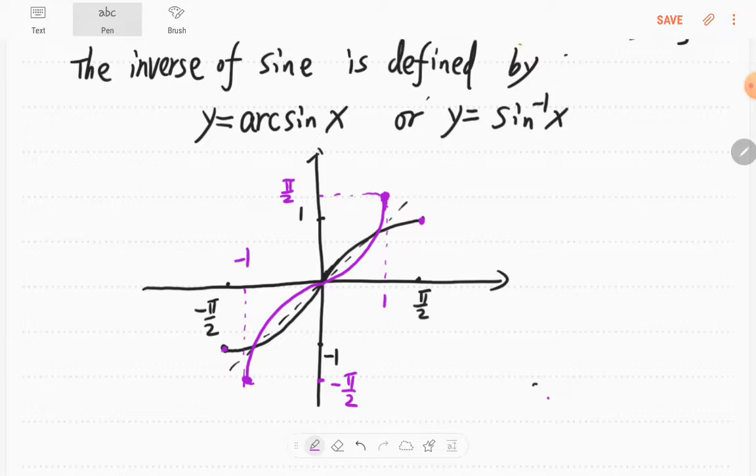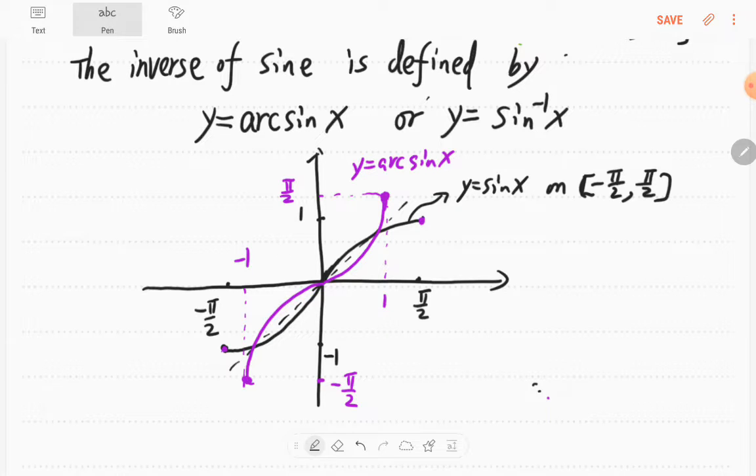So this is our curve for y equals arc sine x, the sine inverse. And this one is the curve for y equals sine x on the interval from negative pi over 2 to pi over 2, right?